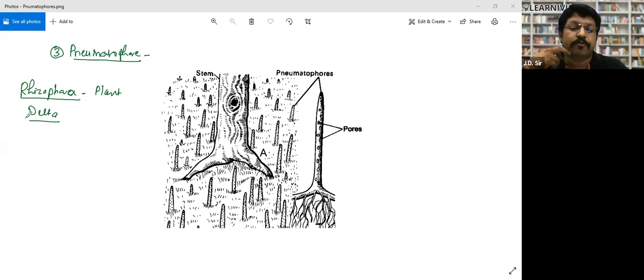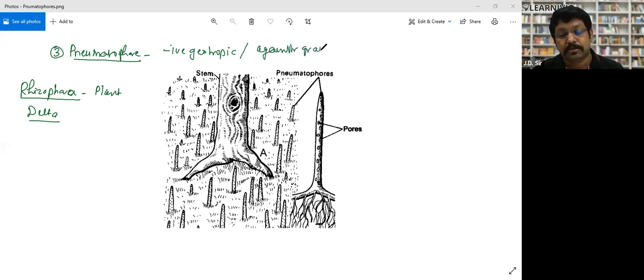So what happened? For the sake of breathing, roots start growing opposite to gravity. These are the only roots which are negatively geotropic, which means they grow against gravity. Otherwise, a few minutes back, we studied that roots do not grow against gravity; they always grow towards gravity.